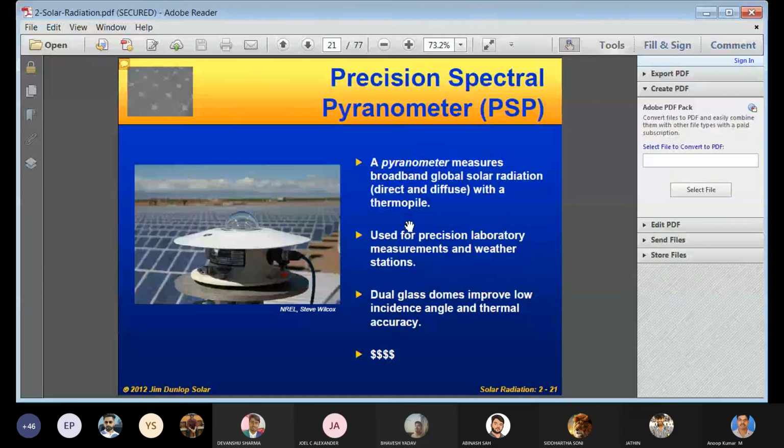So this is a precision spectral pyranometer, PSP. A pyranometer measures broadband global solar radiation, direct and diffuse. So it simply measures global solar radiation, and global means direct and diffuse. It will have a sensing area under a glass cover. You can see a double layer glass cover is there.